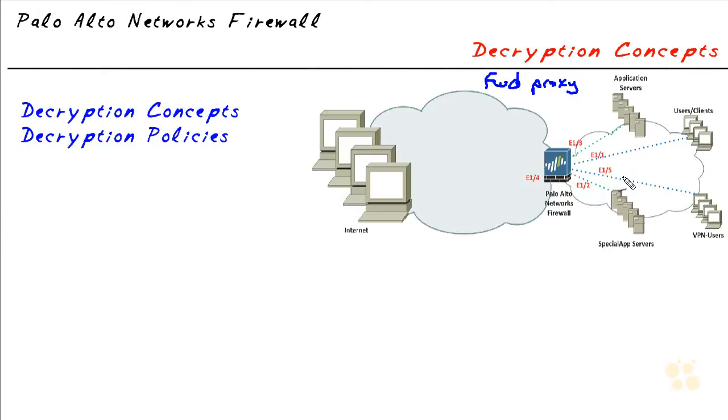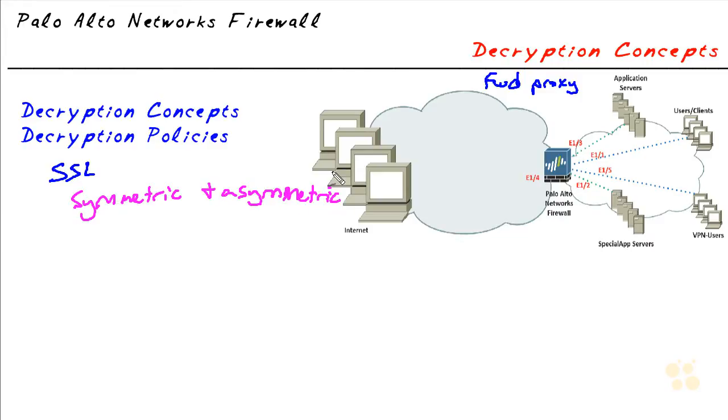Now, it's important to understand a little bit about encryption to really understand what the firewall is going to be going through. SSL and SSH, but the SSL concept can utilize both symmetric and asymmetric encryption.